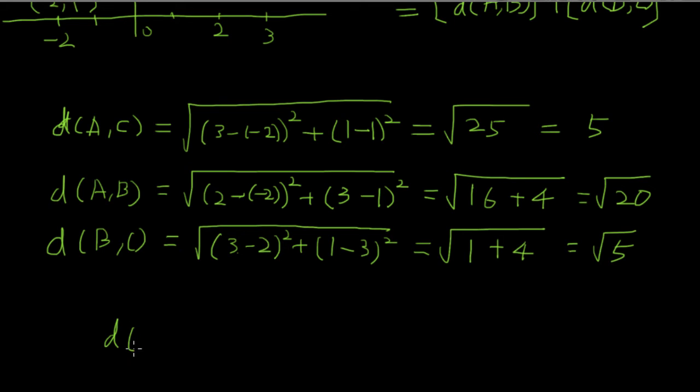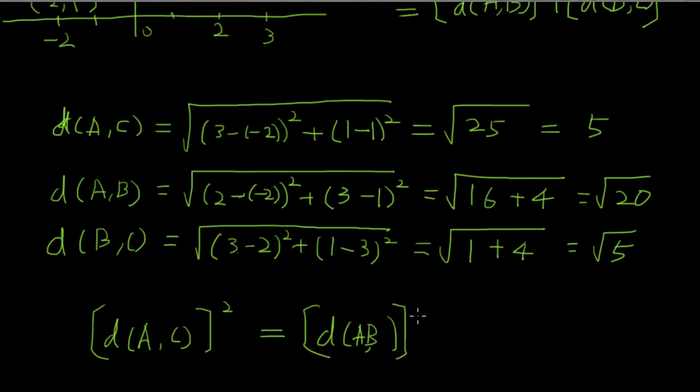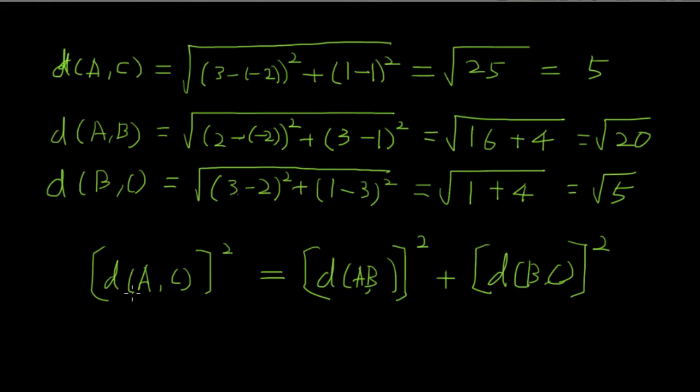So there we have it. The distance between A and C squared equals the distance between A and B squared plus the distance between B and C squared. We just verified it because this is 5 squared, which is 25.